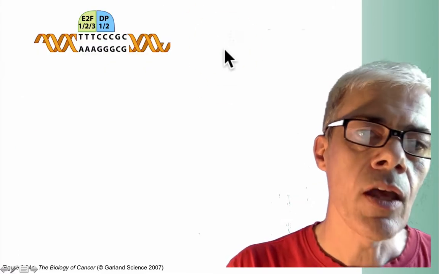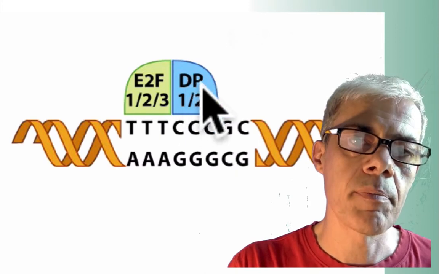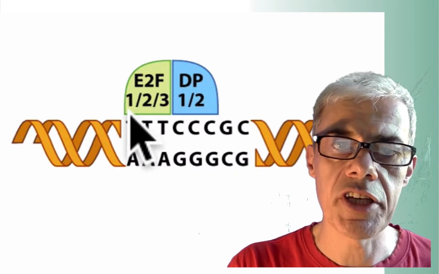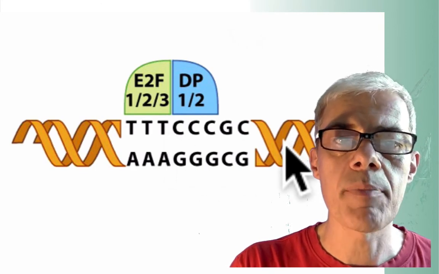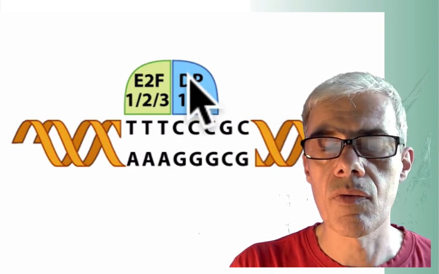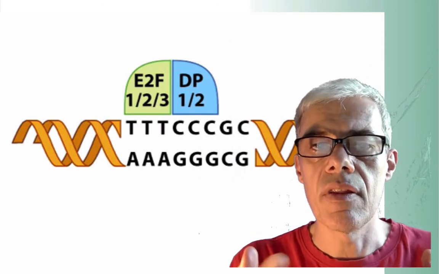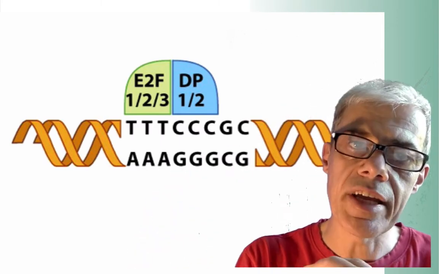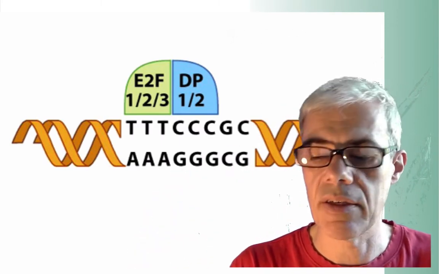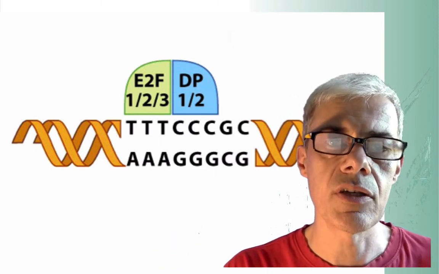So shown here are the E2F transcription factors with a dimerization partner, bound at the promoter region of a gene. And this is in the absence of retinoblastoma. So you can say this is what it's like in a cancer cell. You don't have the retinoblastoma protein regulating these E2F transcription factors, and these genes are turned on.